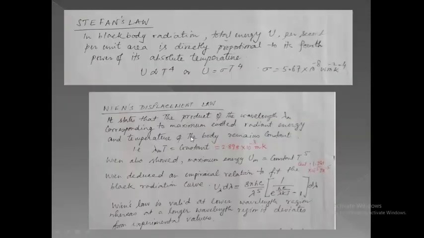The first one was Wien. He tried to explain this curve, the black body radiation curve, using mathematics and whatever physics he knew till that time, and he deduced this formula.